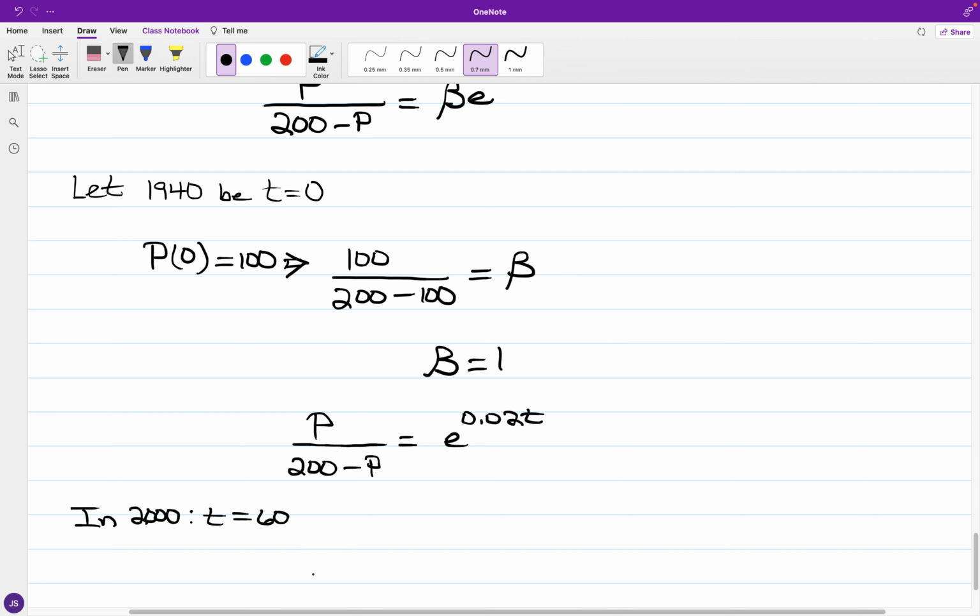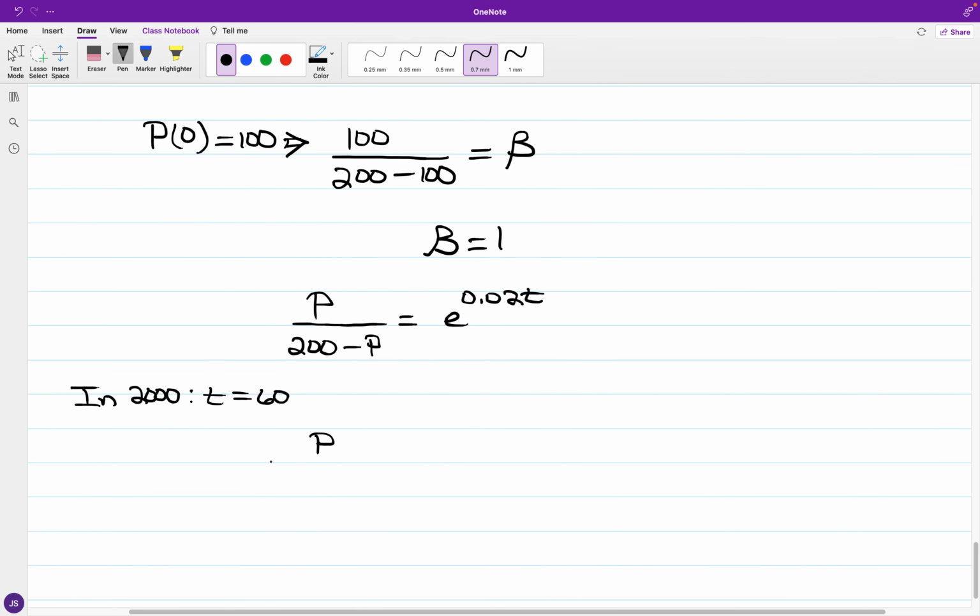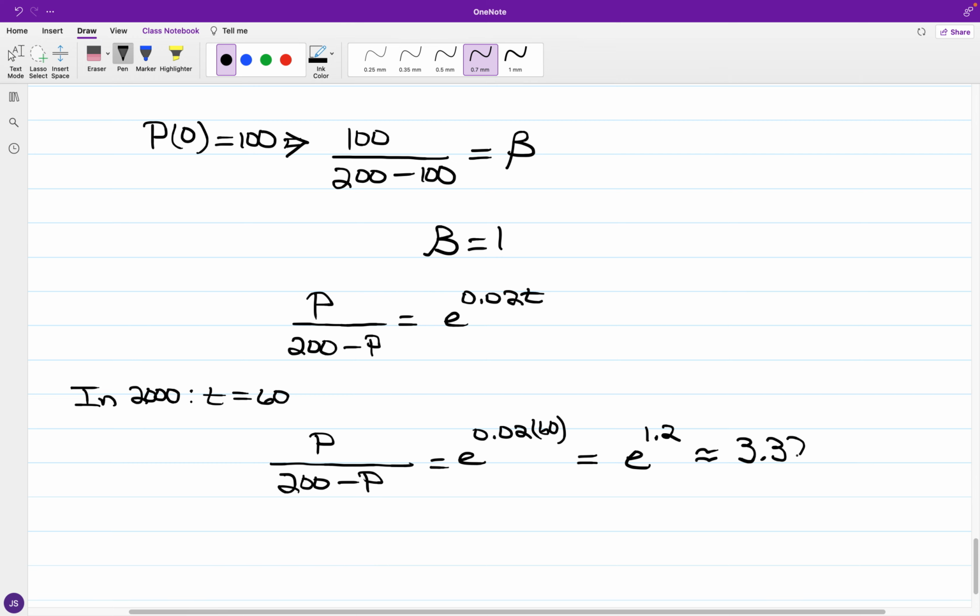Okay, and so going back to what we have here, we have P all over 200 minus P equals e to the 0.02 times 60. And it's going to be e to the 1.2. And we'll say that to about the nearest two decimal places. Okay, this will be right at 3.32.